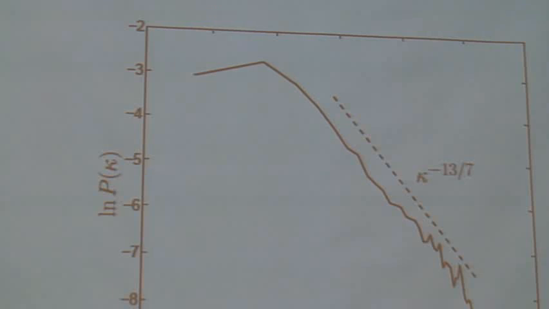All right, so it appears to have changed from minus 5/2 to minus 13/7, and that's the result of reconnecting. Is that what you're saying? Okay. Do you think this is universal?